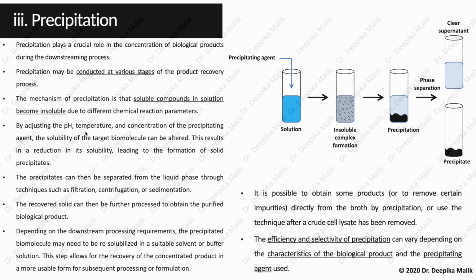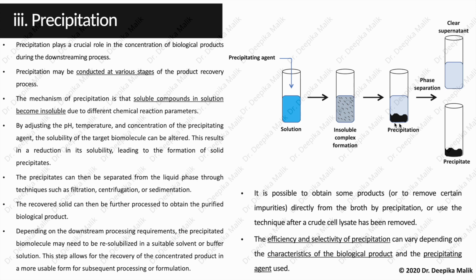By adjusting the pH, temperature, and concentration of the precipitating agents, the solubility of the target molecule can be altered. This results in a reduction in its solubility, leading to the formation of solid precipitates. As you can see in the diagram, the precipitating agent is added to a solution, resulting in an insoluble complex formation, which further leads to precipitation of the desired or target product.